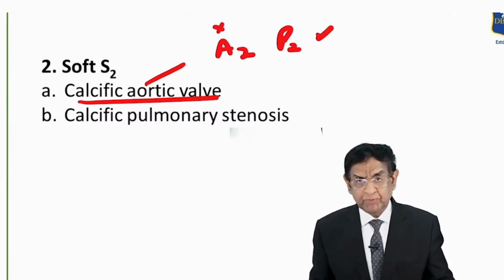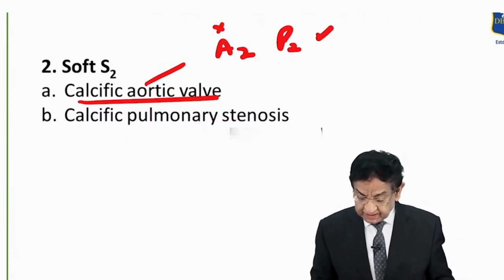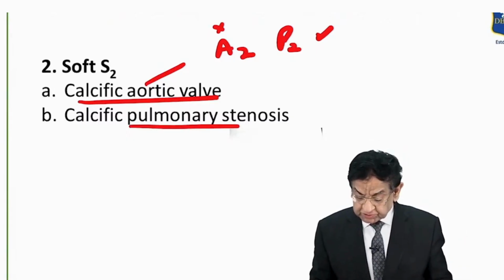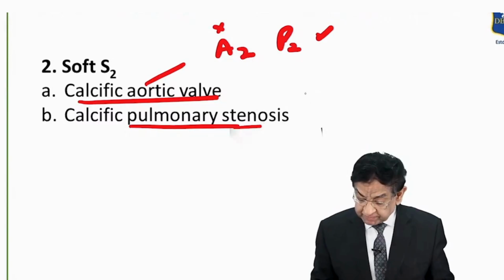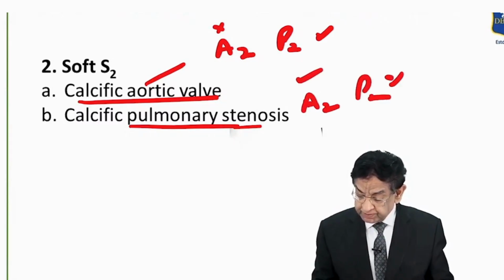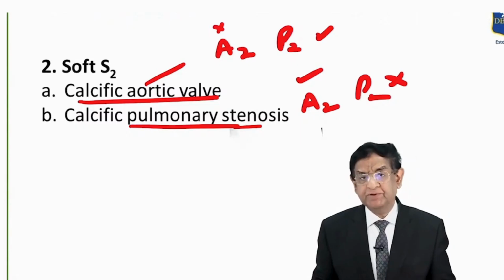Definitely, if any one of the two components is weak, the sound will be softer. Calcified pulmonary stenosis: the pulmonary valve is calcified. Then A2 will be normal and P2 will be soft. So overall, S2 will be softer as compared to normal.